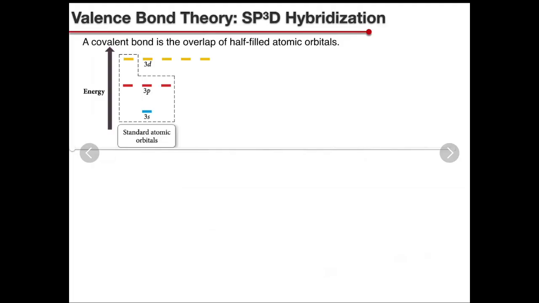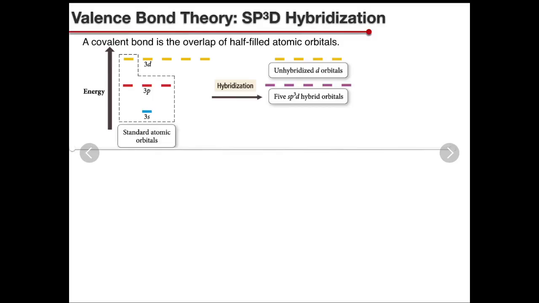Okay, so when you have more than 4 electron domains, if you have 5 electron domains or 6 electron domains, you will need to use the d orbital as well, because if you use only s and p, you are going to end up with only 4 bonds, or 4 regions of electrons. In order to increase to 5, it will need to involve d.